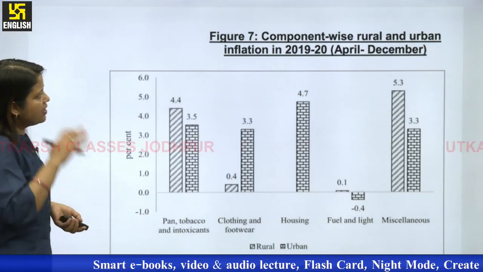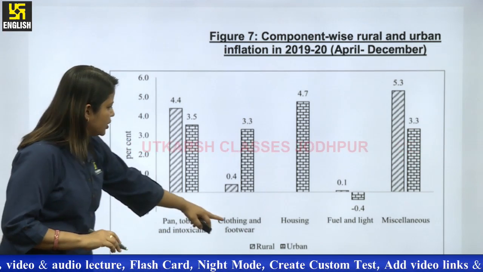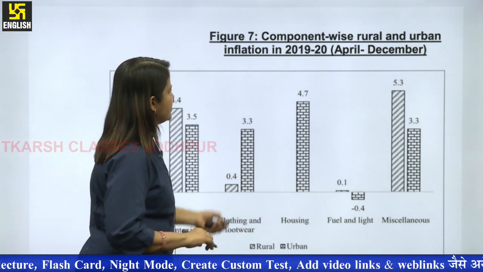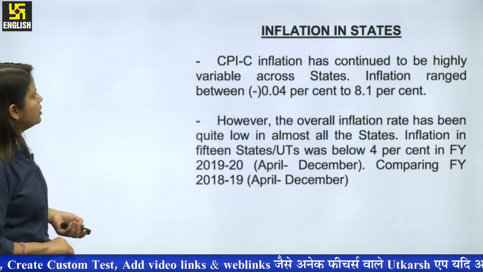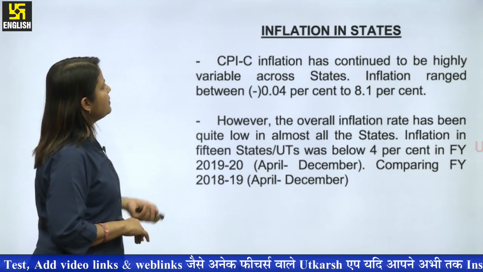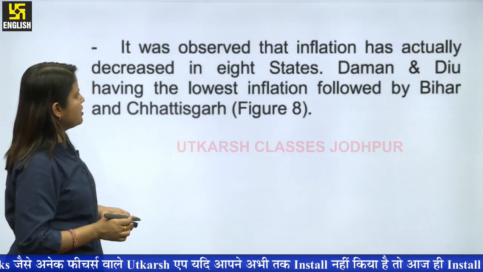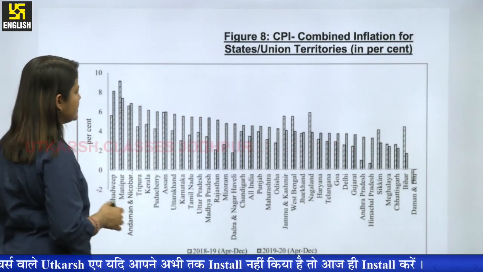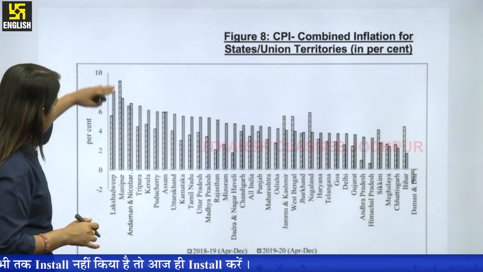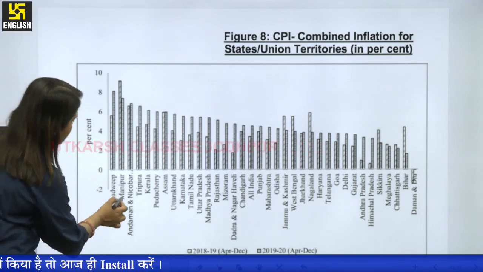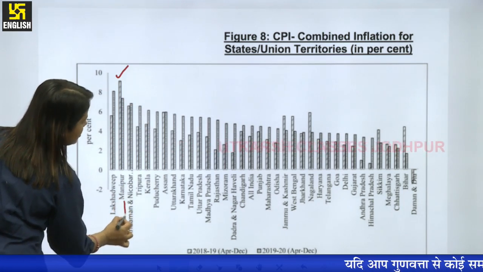Component wise rural and urban inflation. Okay, pan, tobacco, clothing, housing, fuel and light. Okay, now we are running short of time. Inflation in a state. There is one graph for that. You can see the inflation in different states. The highest inflation is in Manipur. The inflation rate in Manipur is the highest.